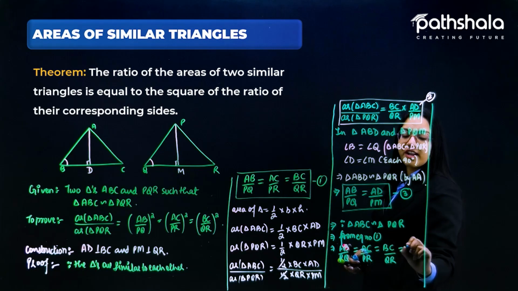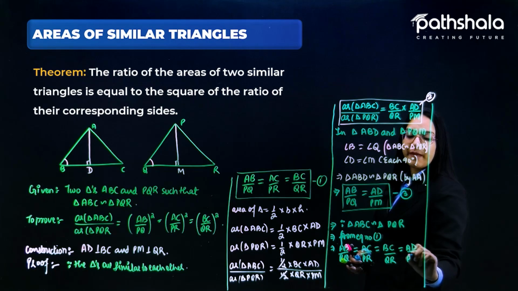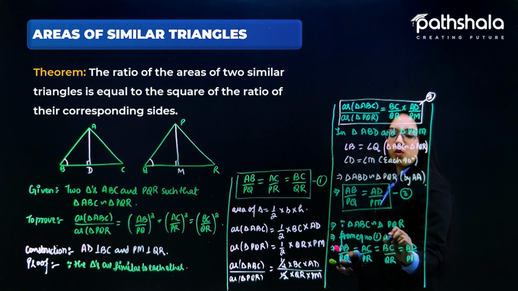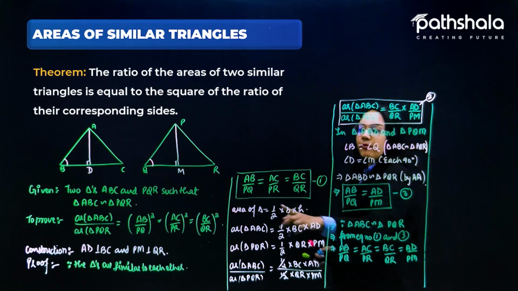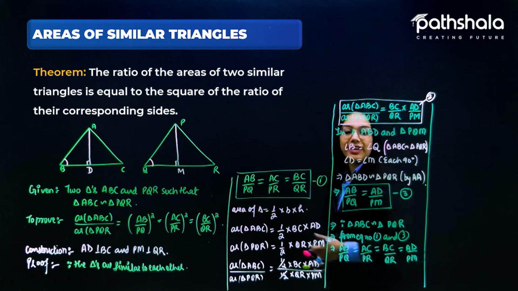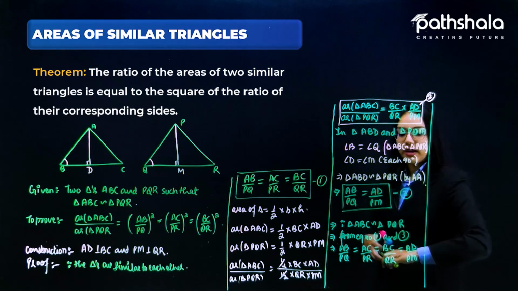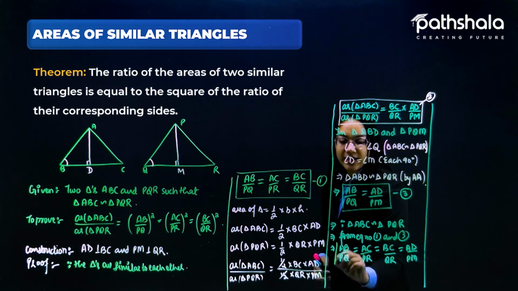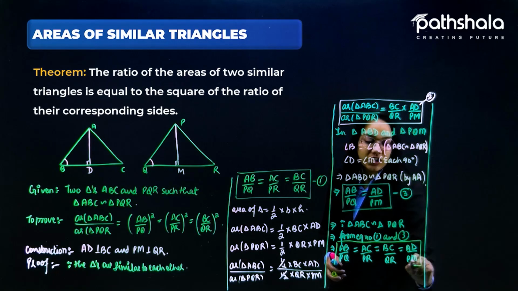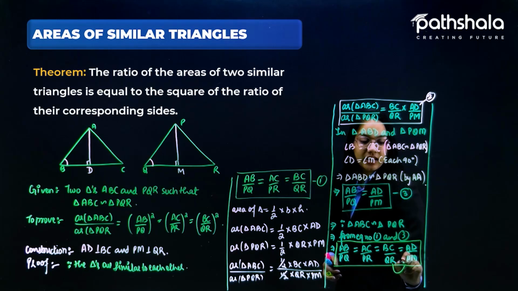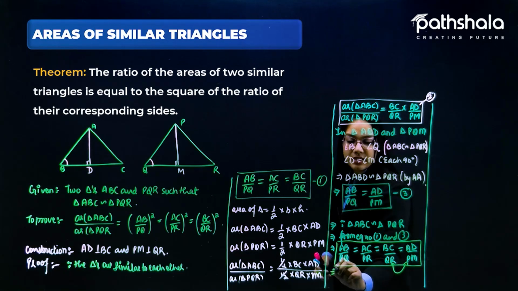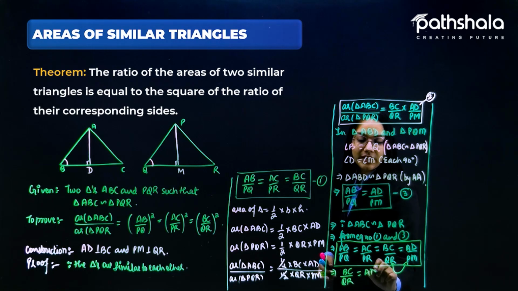From equations 1 and 3, AB by PQ is equal to AD by PM. So all these corresponding ratios are equal to each other, and we get BC by QR equal to AD by PM.